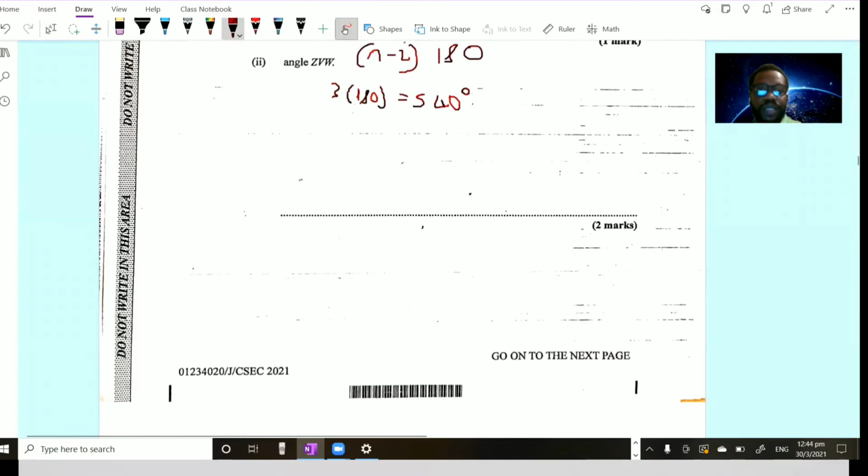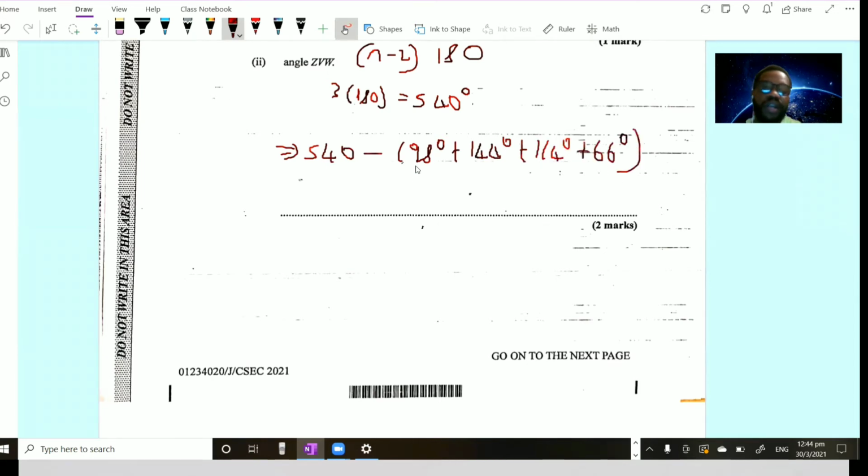So this is going to be 540 minus 98 degrees plus 114 degrees plus 114 degrees plus 66 degrees. You could have said 114 degrees times 2. Of course, all that is calculator work. Now, don't forget to put your bracket. That part is important. In fact, let me make sure that I bring up my calculator so we don't go wrong on that.